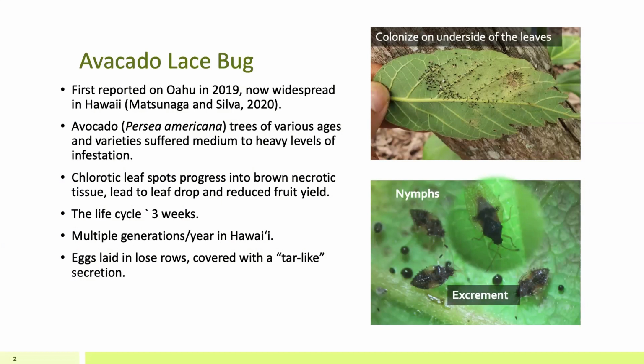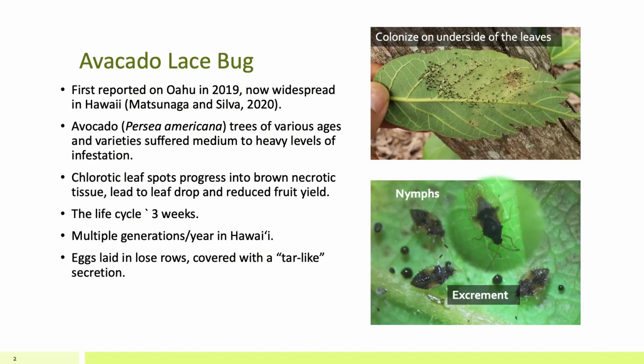If you look at those images on the right, you'll see a colony of avocado lace bugs with adults, nymphs, and eggs on the undersides of the leaf. Typically, it'll affect trees of various ages. It does affect pretty much all of the varieties of avocado that we have in Hawaii, but different varieties have different levels of infestation.